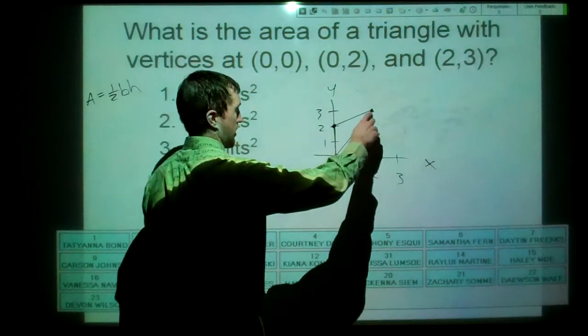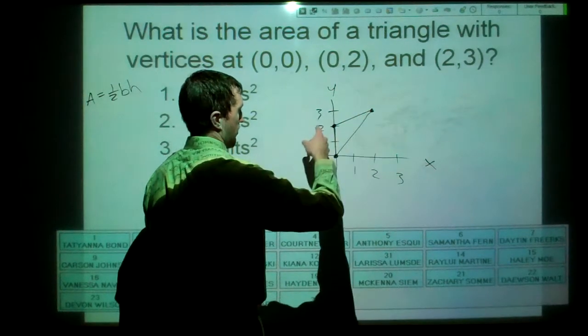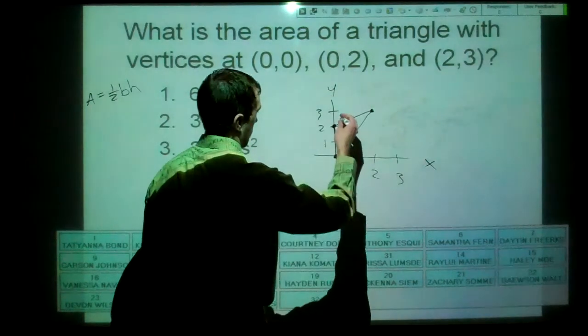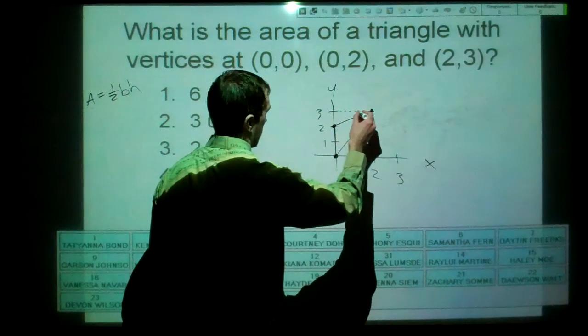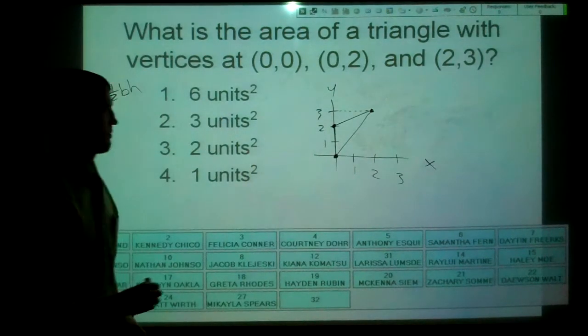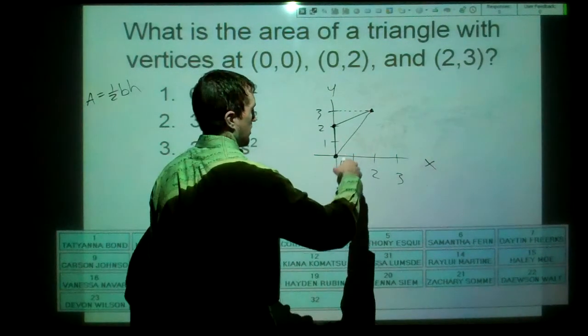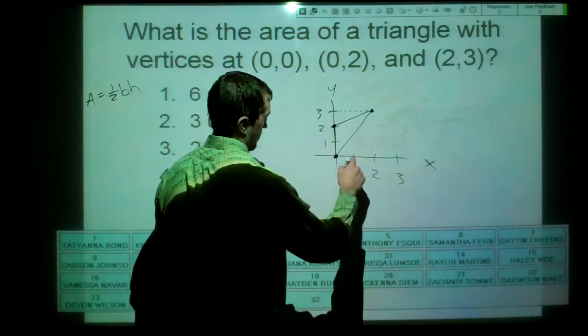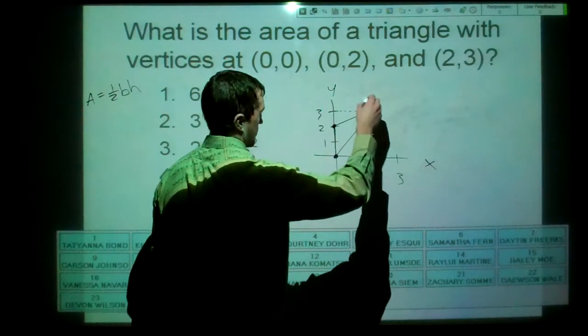Or if we call this the height, we'd have to have a 90-degree... let's see here. Well, maybe we can do that. Let's do it that way. We'll call that right there our height, and we'll call this our base. So this is, what, 2 spots long? 1, 2. So this is 2.